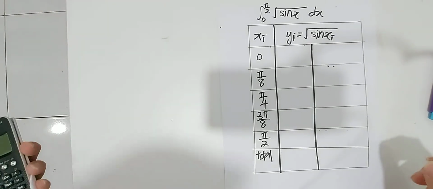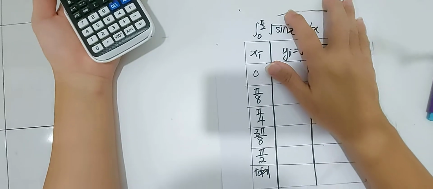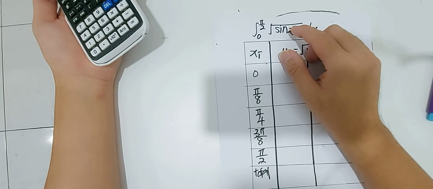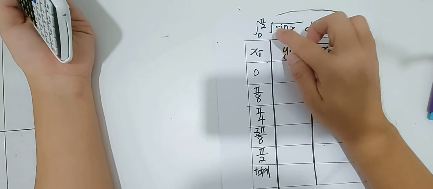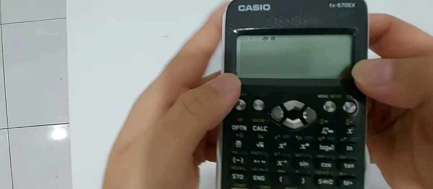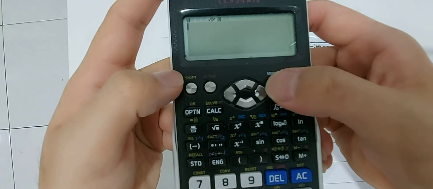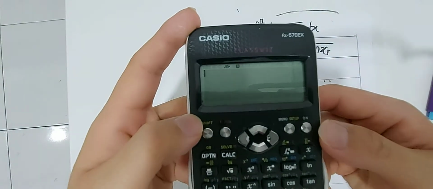Let's see how to use the calculator. When you evaluate an integral, whether you are doing approximations or using integration techniques, as long as you integrate a trigonometric function, you have to make sure your calculator's angle unit, or the mode of the angle, is radian. Here it is in degree, so I change it: shift, menu, choose the angle unit and convert it to radian, unit 2. Now we have radian.